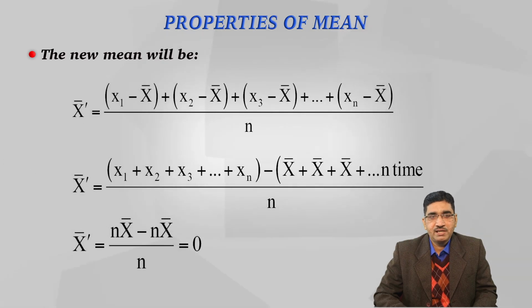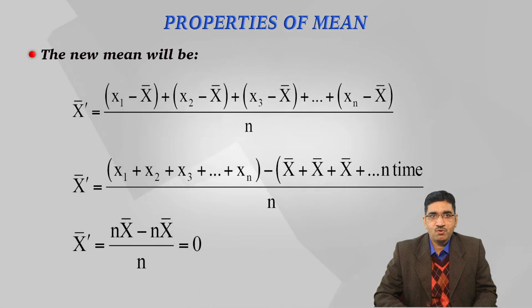As we have seen from the formula of the mean, the sum of all the observations is equal to n times x bar. So we put this value in place of the summation of all the values, and n times x bar becomes n multiplied by x bar.